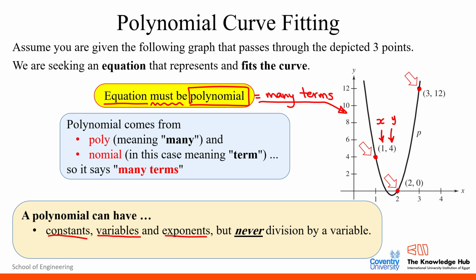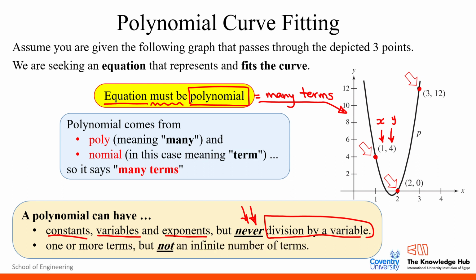However, it shouldn't have division by a variable. So be aware and keep in mind this note: never division by a variable. In addition to that, it has one or more terms, but not an infinite number of terms.